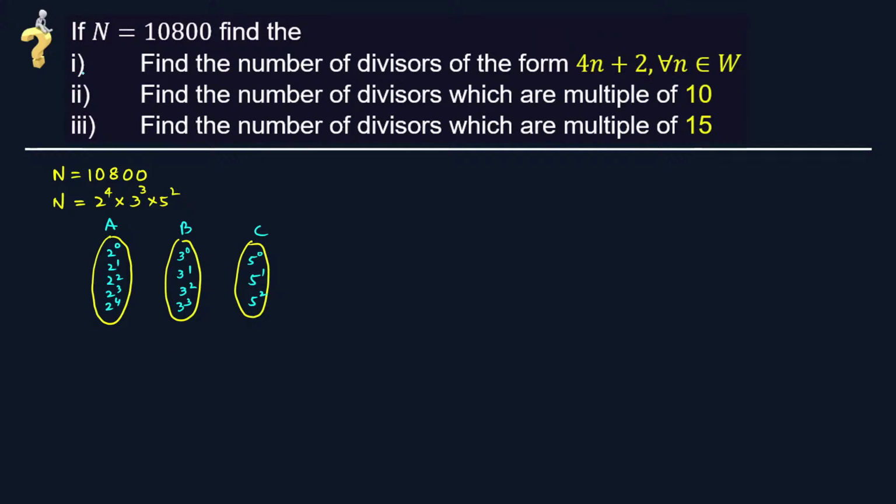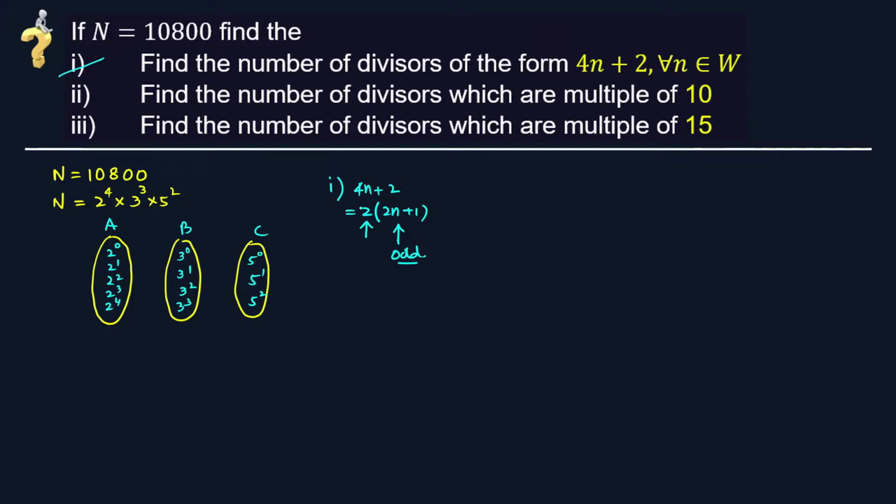Okay, now let us read the question. What is the first question? Find the number of divisors of the form 4n plus 2. 4n plus 2 means if I take 2 common, it is 2 times 2n plus 1, and 2n plus 1 is an odd number. But here there is a multiple of 2 only. So what to do?